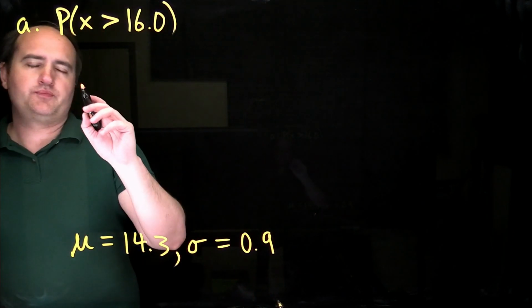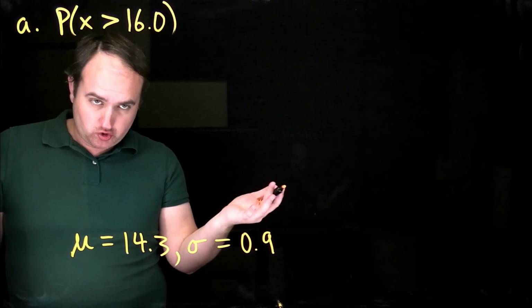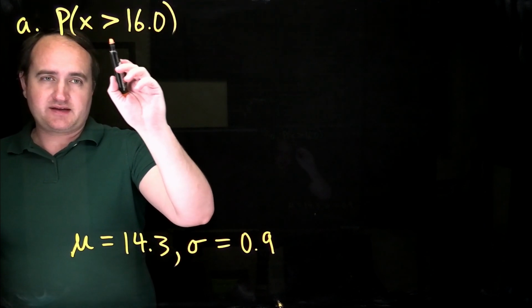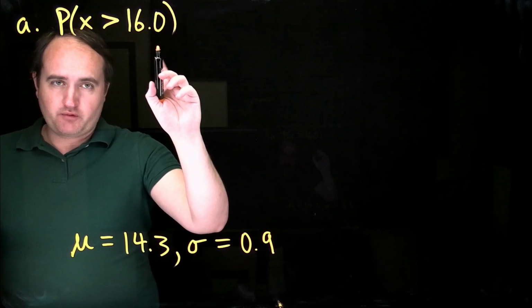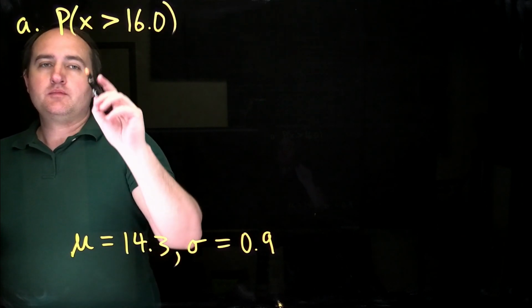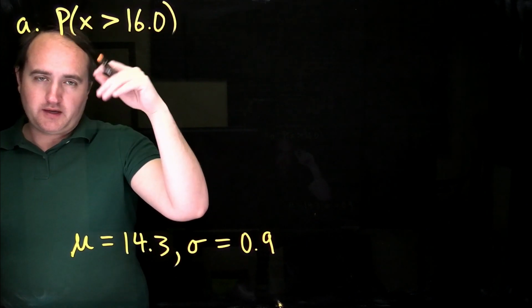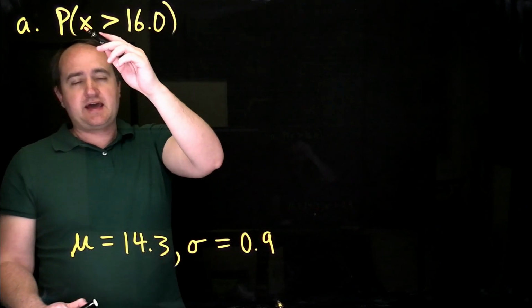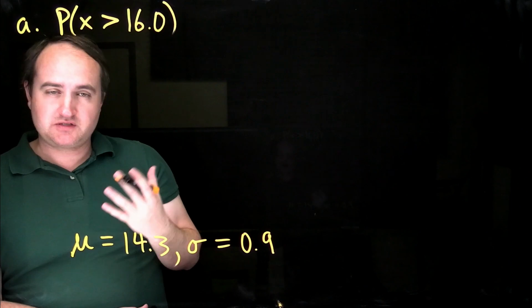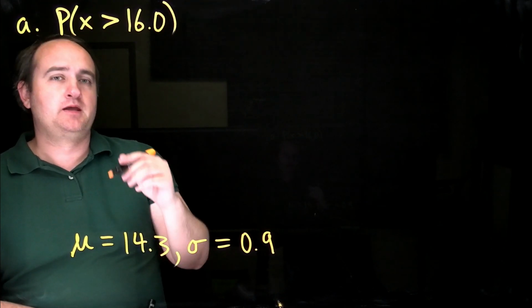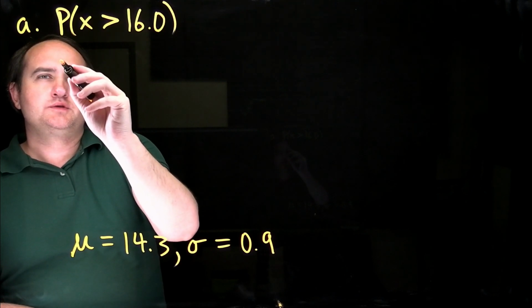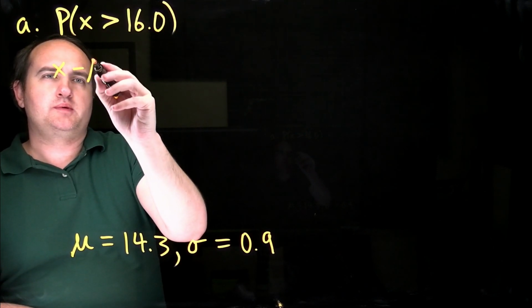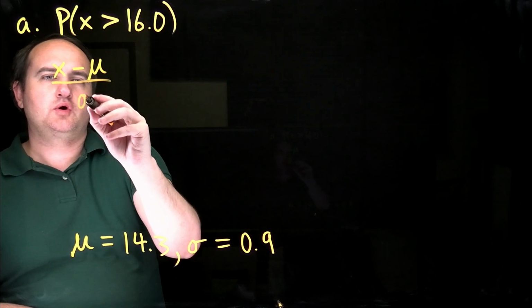All right, so just like in 6.2, we have to convert this x score into a z-score by using the z-score formula. Because we're just converting x to a z-score, we don't have to divide by the square root of n. So to convert it to a z-score, we're going to use the formula x minus mu over sigma.